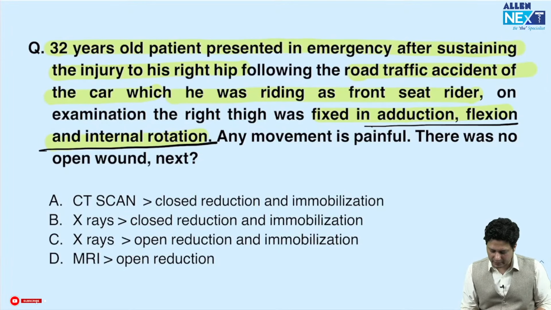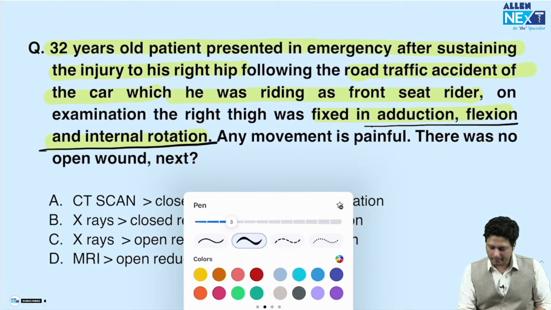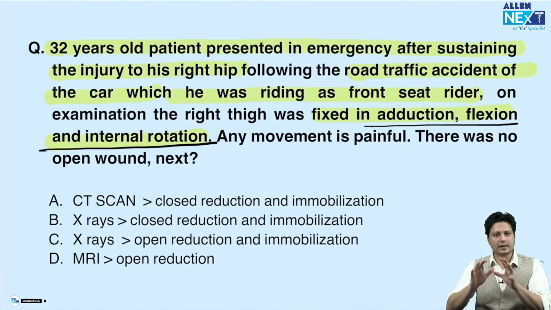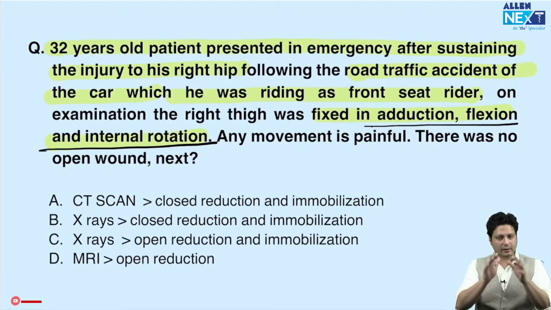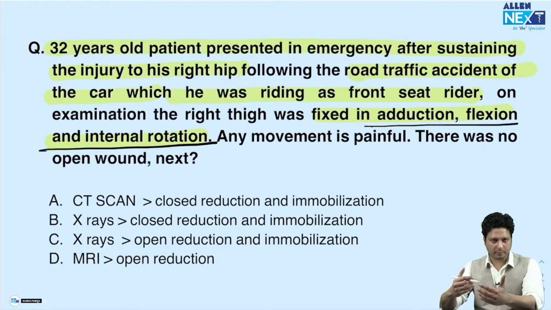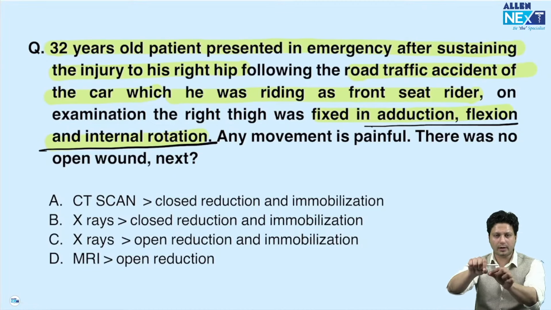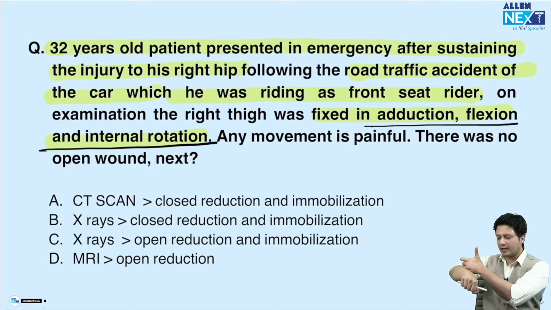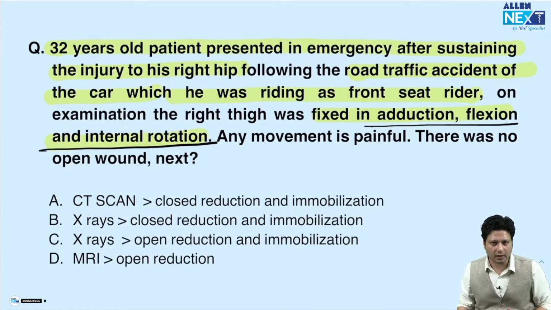The mechanism of injury which they have provided is that he was riding in the front seat of the car. Imagine the patient is riding in the front seat and there is sudden application of the brakes. The knee will strike against the dashboard, and the counter force which the knee is facing will be transmitted to the hip joint, and it will result in posterior dislocation of the hip joint.